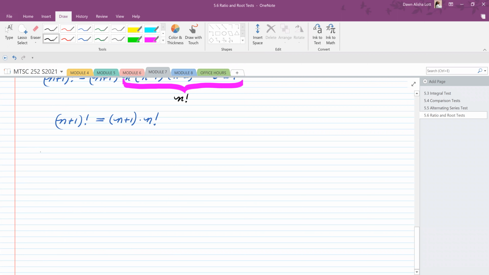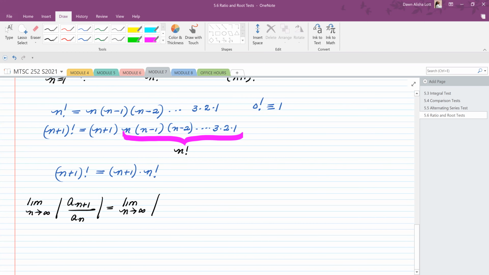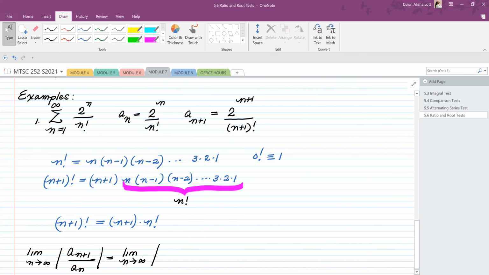So the limit as n approaches infinity of the absolute value of an plus 1 divided by an is the limit as n approaches infinity of the absolute value. Well, an plus 1 is 2 to the n plus 1 over n plus 1 factorial.